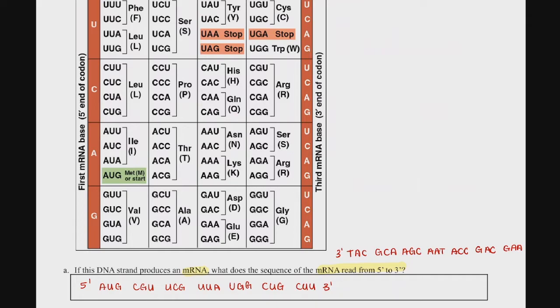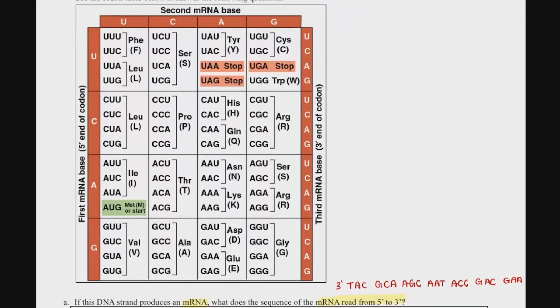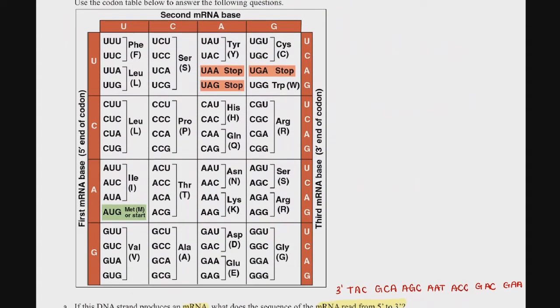And then it's asking for what sequences of amino acids does this mRNA code. And we just use this chart up here. So we start with this one, A, and then we go to this column.